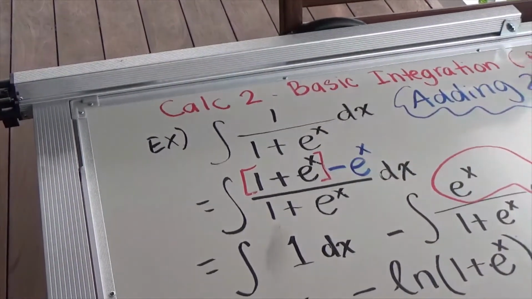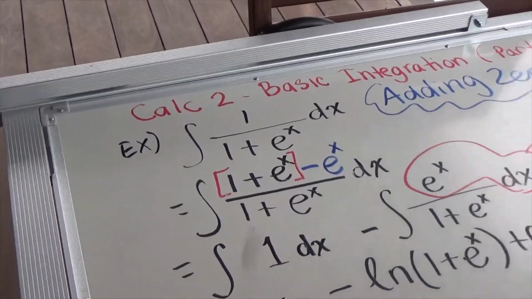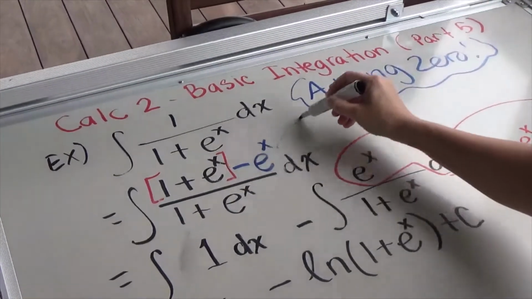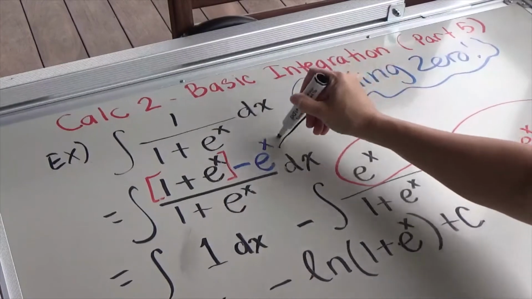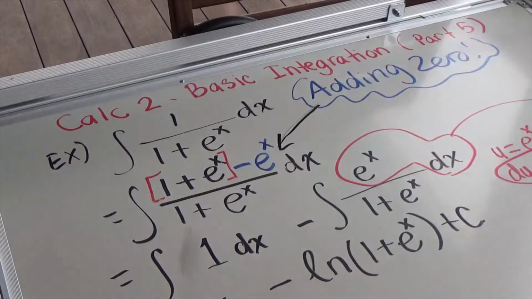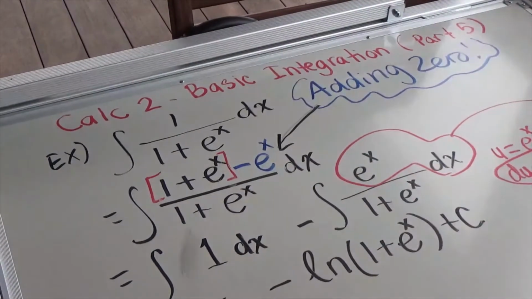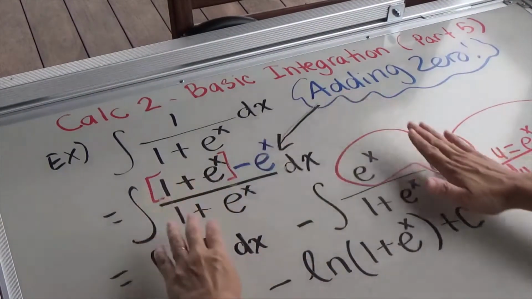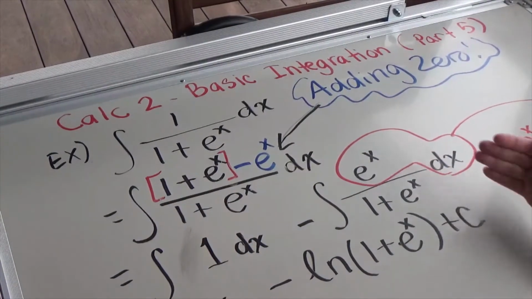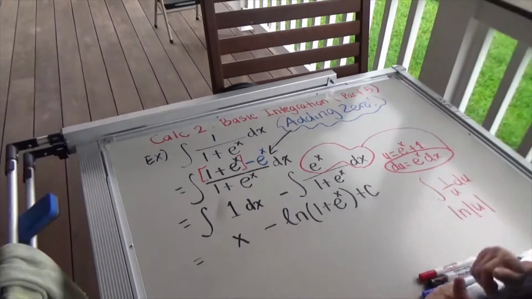So a pretty awesome trick of adding 0. That's adding 0 right there. What just happened? We added in e to the x, and then you subtract it right out. Then with that, we split that into 2 fractions, and both of them are very manageable.